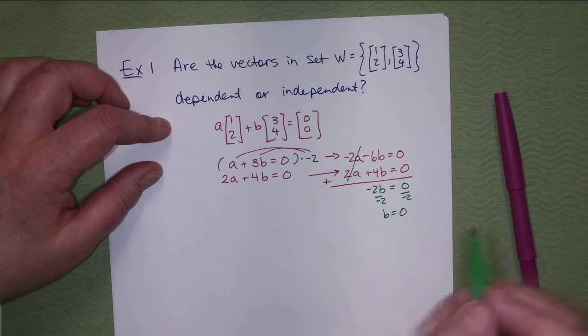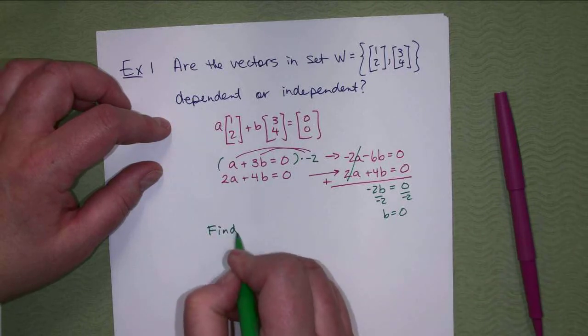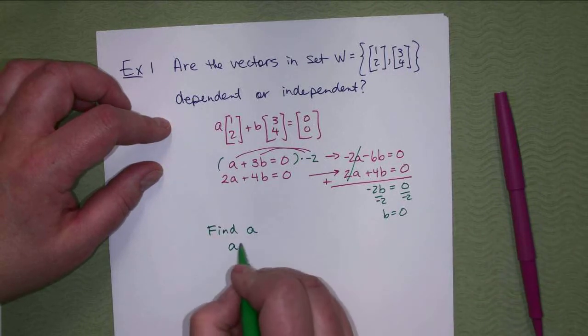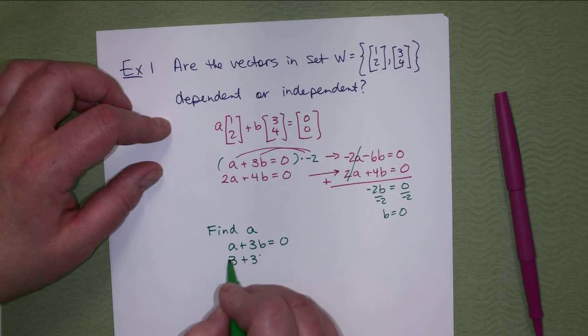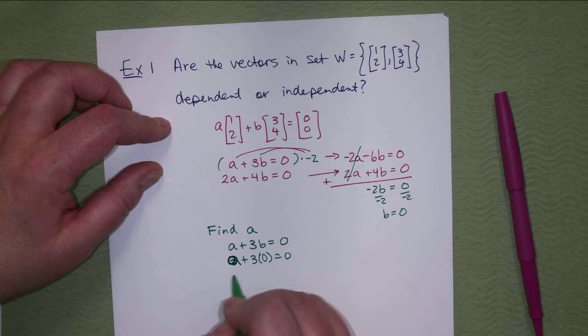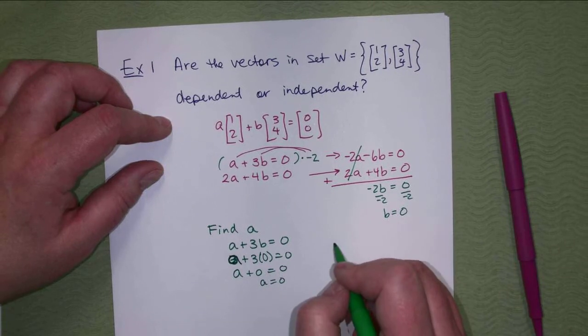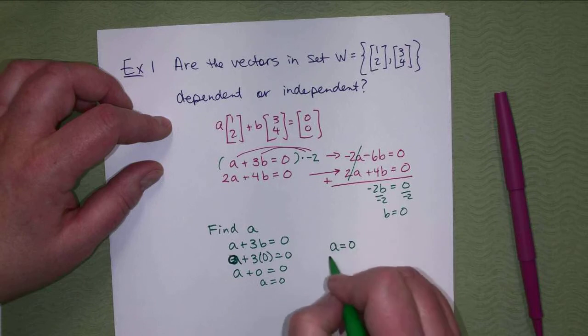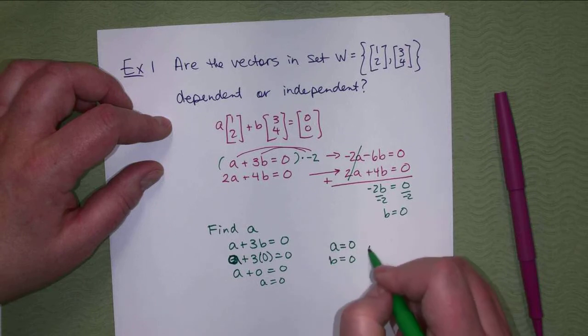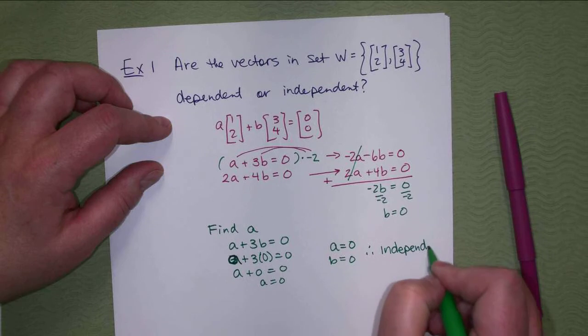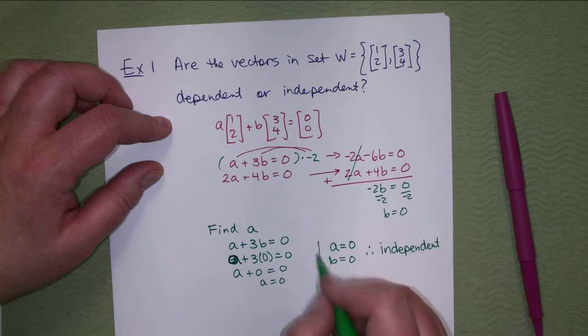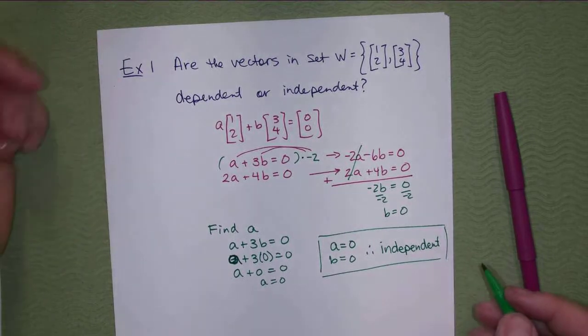If B equals 0 and we wanted to find A, plug it into either equation, it doesn't matter which one. So A and B are both 0, so it's independent.